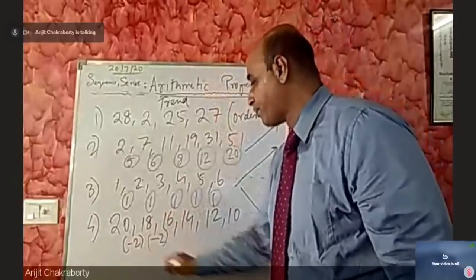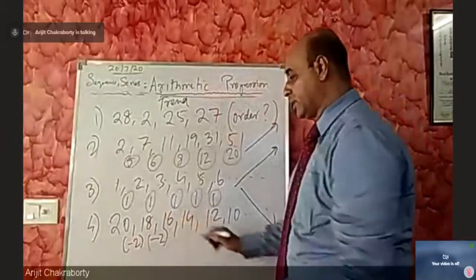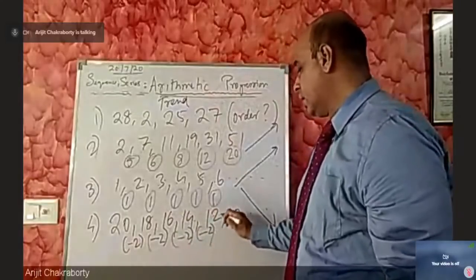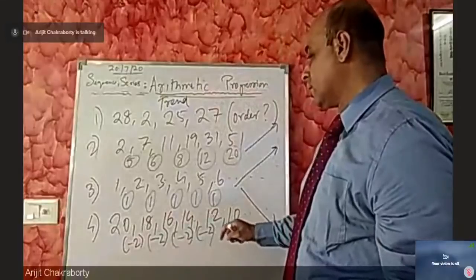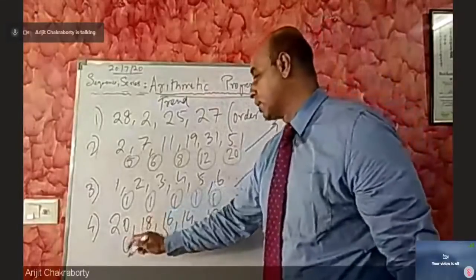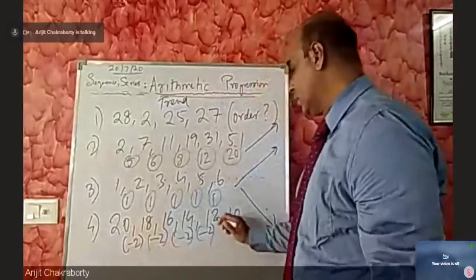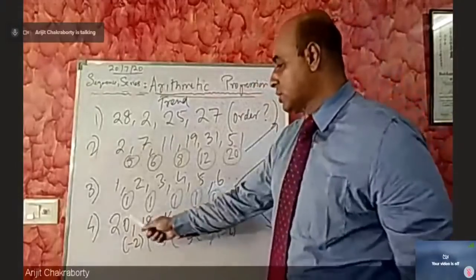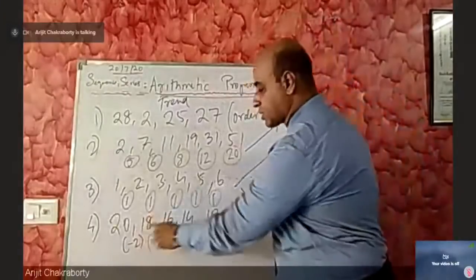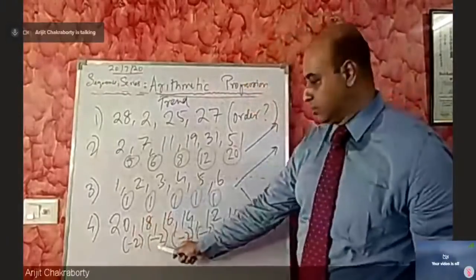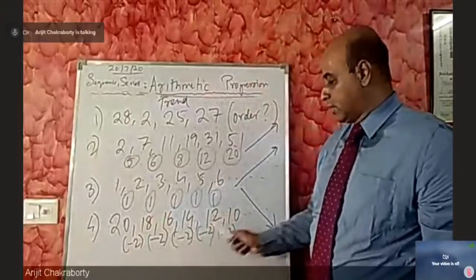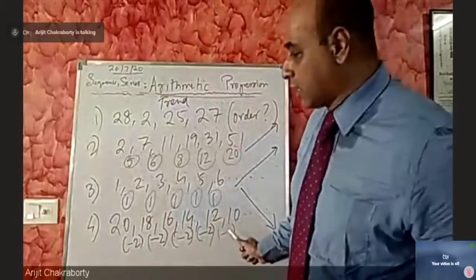Again minus 2. 16 minus 14, minus 2. 14 minus 12, minus 2. 12 minus 10, it is again minus 2. In other words, 18 minus 20 is minus 2, 16 minus 18 is minus 2, 14 minus 16 is minus 2, 12 minus 14 is minus 2, 10 minus 12 is minus 2.